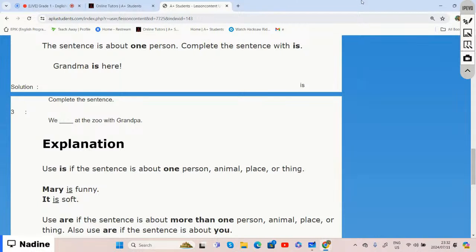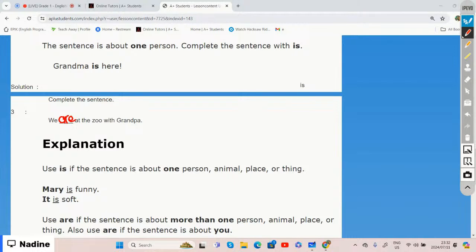And if we choose the correct answer, because we're referring to more than one person, we can say we are at the zoo with Grandpa. Because now we are making mention of more than one person.